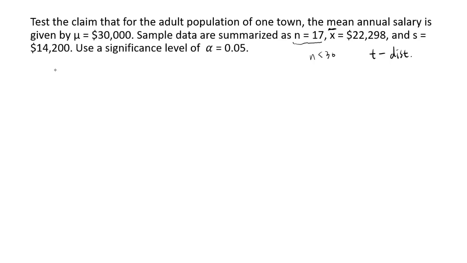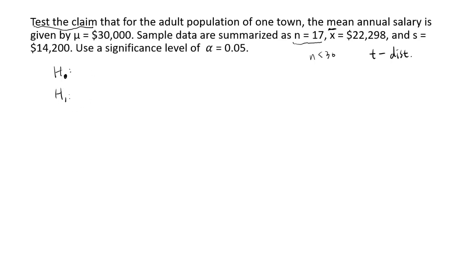We first have to figure out the null hypothesis and the alternative hypothesis, because this is testing the claim, right? Testing a claim means you have hypothesis testing, so you have to figure out what the null is and what the alternative is.